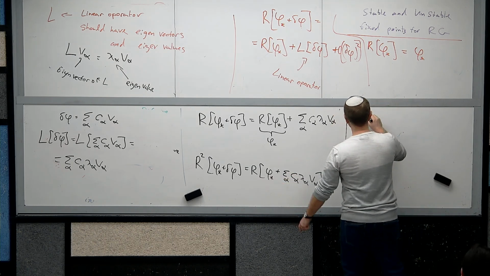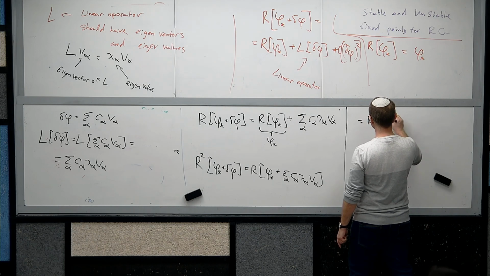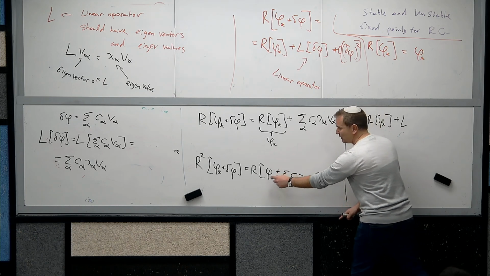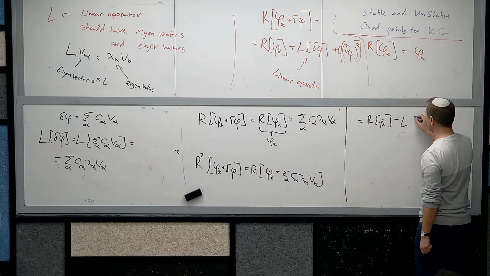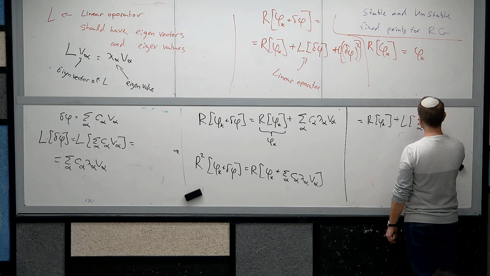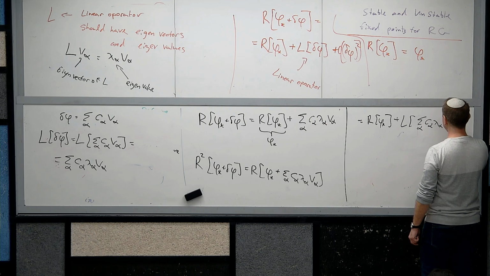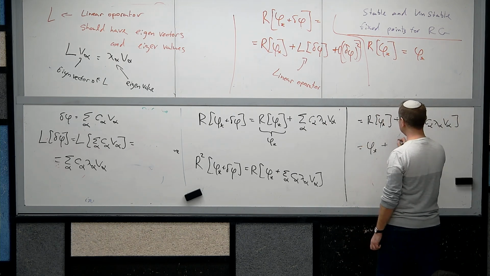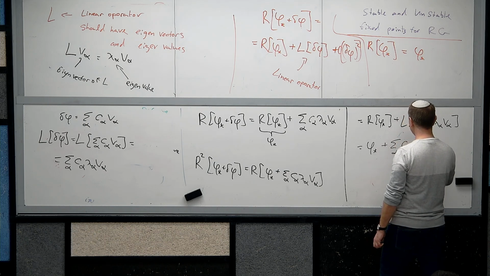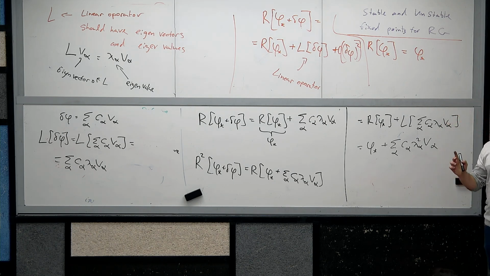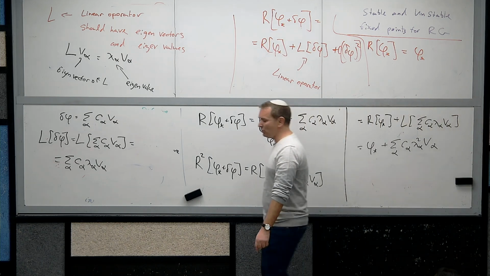It is, again, R over phi star plus L, because this is small. All those C alphas are small, right? Remember, delta phi is small. So it is L applied on the summation of alpha, C alpha, lambda alpha, V alpha, which equals phi star plus the summation of alpha, C alpha, lambda alpha squared, V alpha. So the only thing that is modified by two RG steps, not one, is this 2 over here.